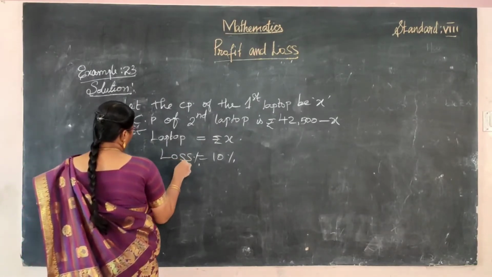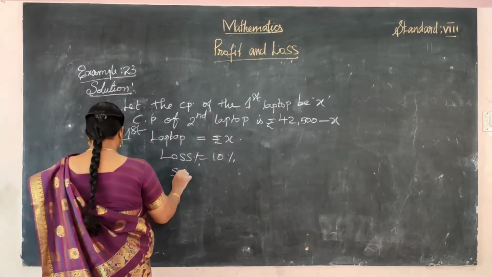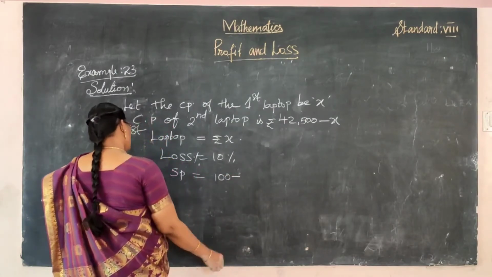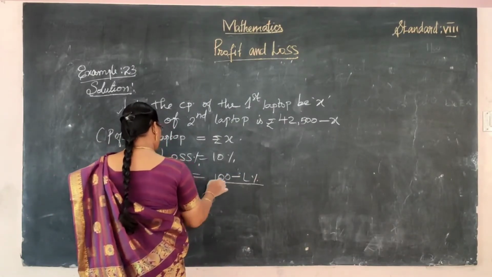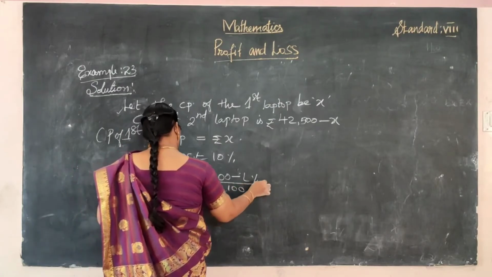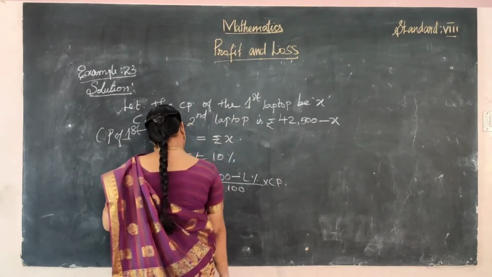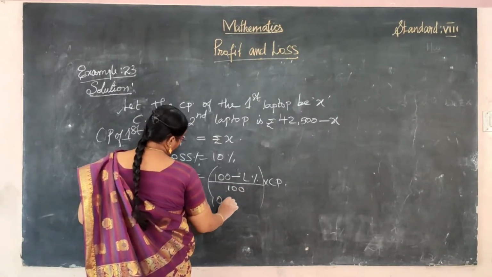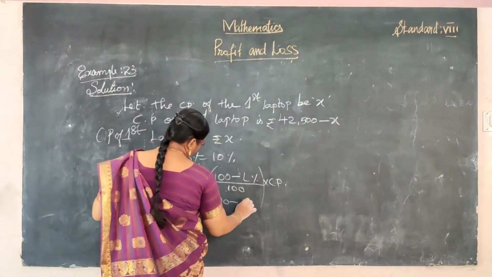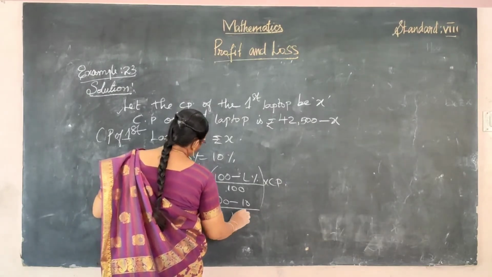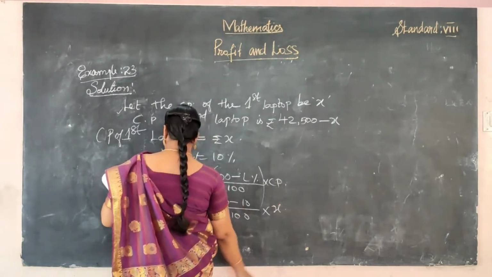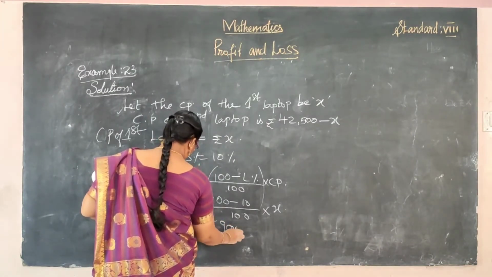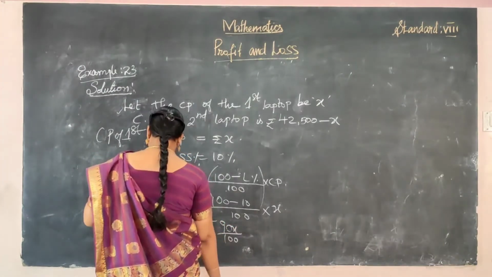Cost price, loss, we have to find the selling price. So 100 minus loss percentage by 100 into CP. So 100 minus loss percentage 10 by 100 into CP X. So 90X by 100.